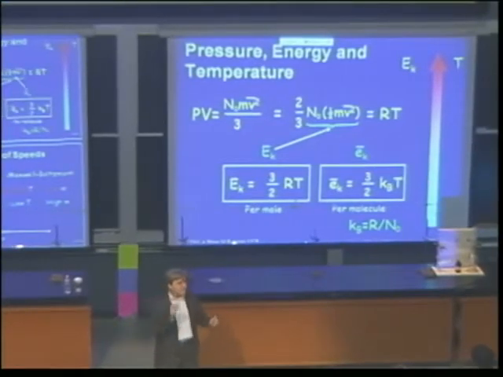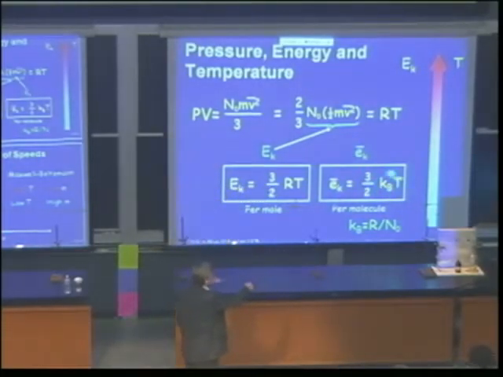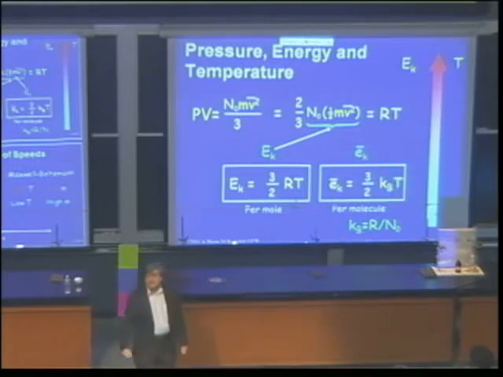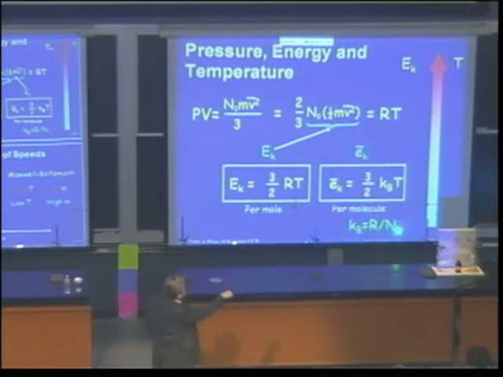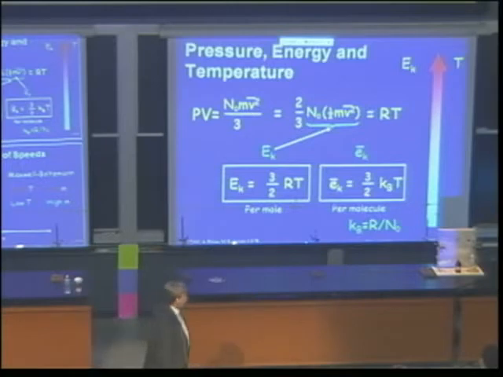It's just proportional to the temperature. And the average kinetic energy per molecule is 3/2 times the Boltzmann constant. And I'll tell you a little bit more about Boltzmann at another time, very interesting story. The Boltzmann constant times T, and the Boltzmann constant is R divided by Avogadro's number. So that's the constant for 1 atom or 1 molecule. So these are the equations that you need to know.